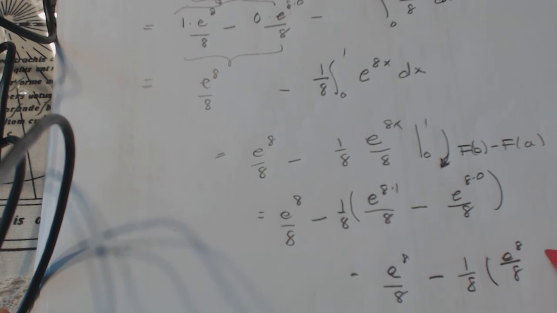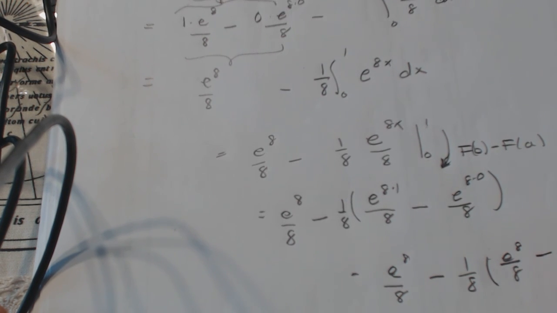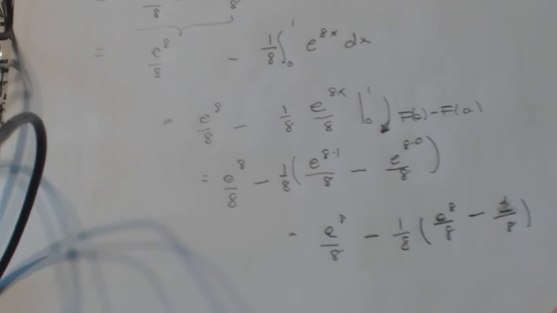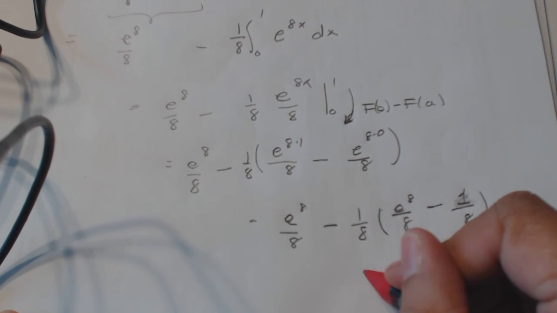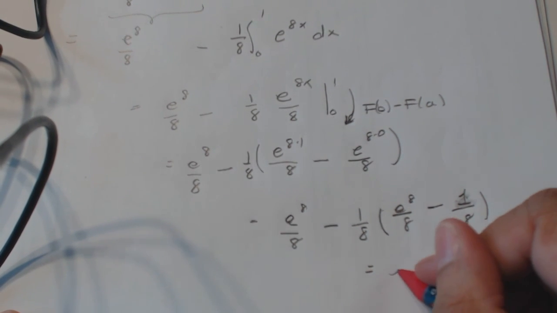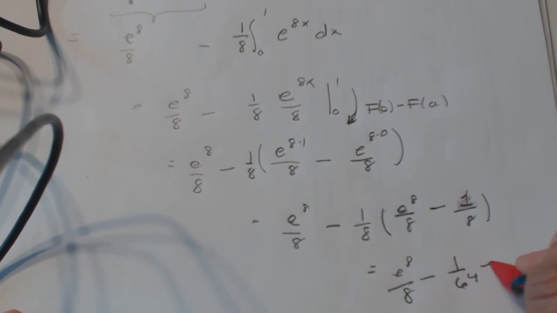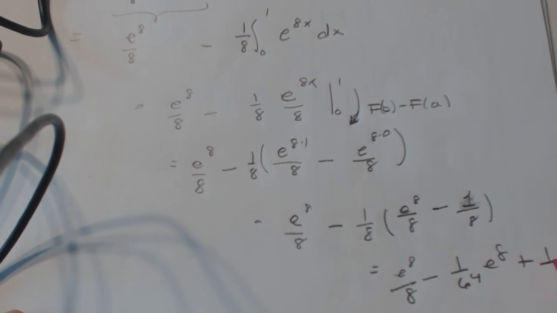And I have no x, so this is actually minus e to the 0, because e to the 0 is just 1, so we get 1/8 here. And if you want to combine that, you can. It's messy. I would just leave it.